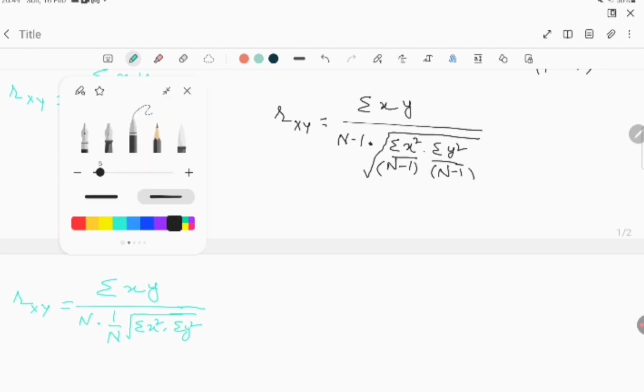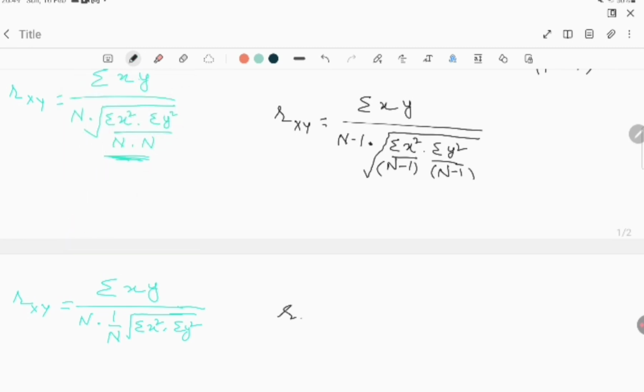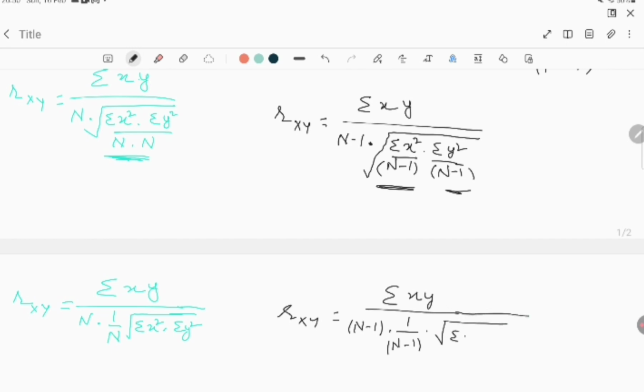Same in the case of sample correlation: summation xy divided by n minus 1. If we take these values out of the under root, it will give us one value, n minus 1, multiplied by the square root of summation x squared into summation y squared.